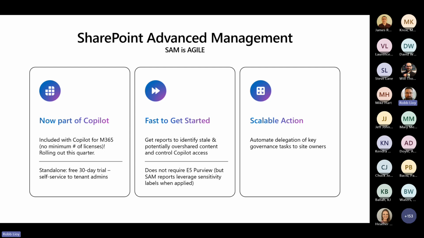There's a lot of reports where you run it and then you have your site owners go in and tell you what's going on with the site, what the access is for the site, things like that. And if you're like me and you've been doing SharePoint since 1982, you really wish this stuff had been around back 15 years ago, 20 years ago, when we were doing on-prem and everything was a nightmare.